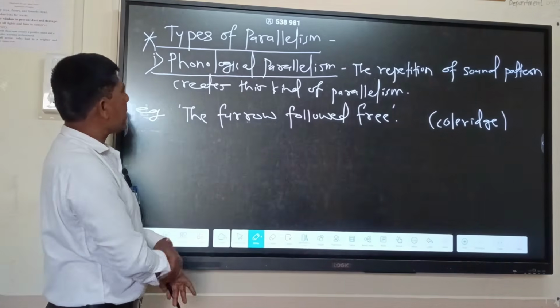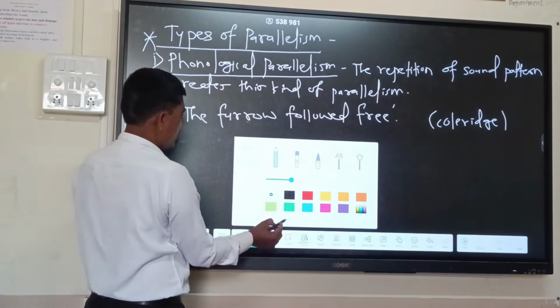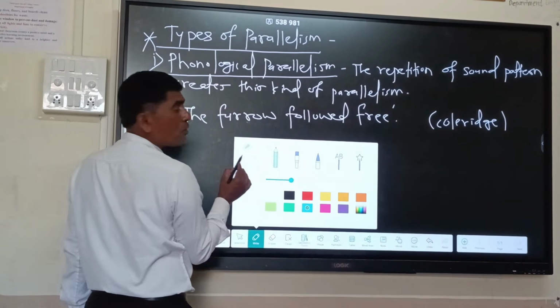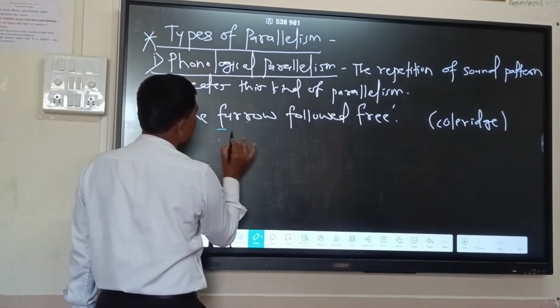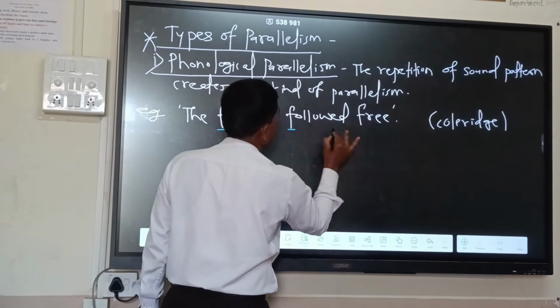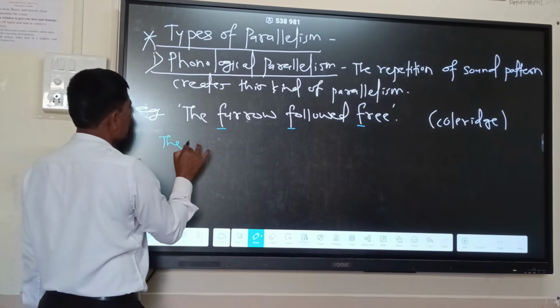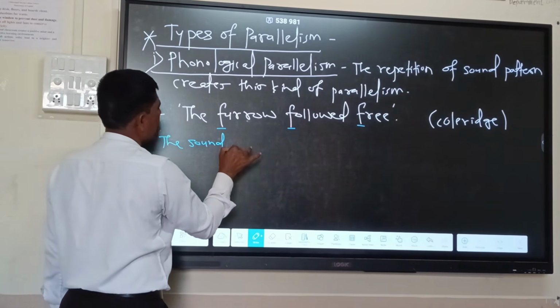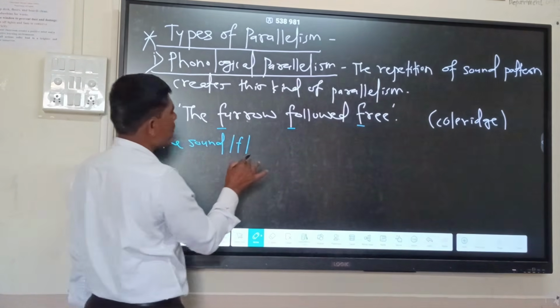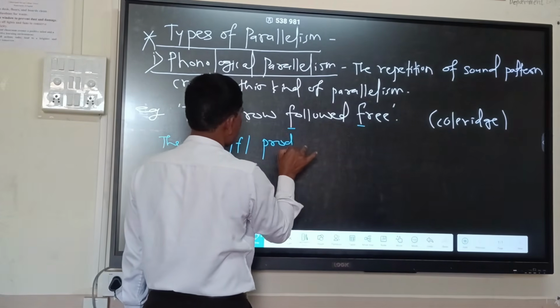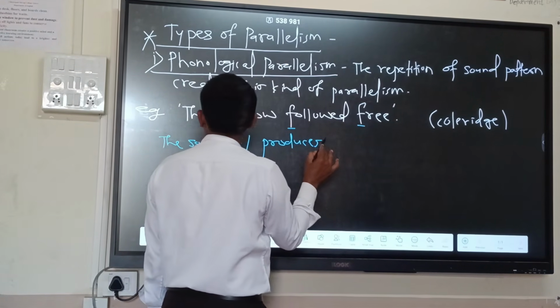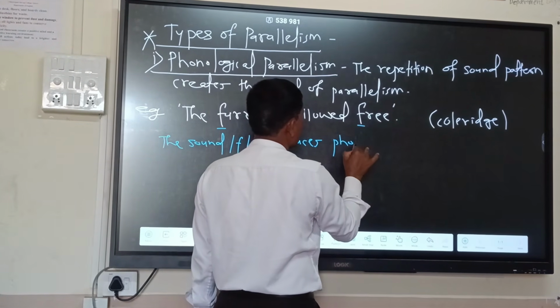So, the furrow followed free. Here you can see the sound F is repeated. The sound F produces phonological parallelism.